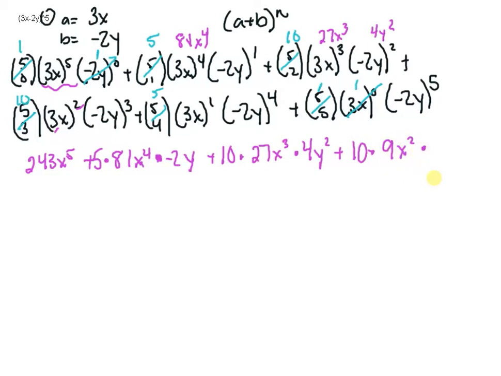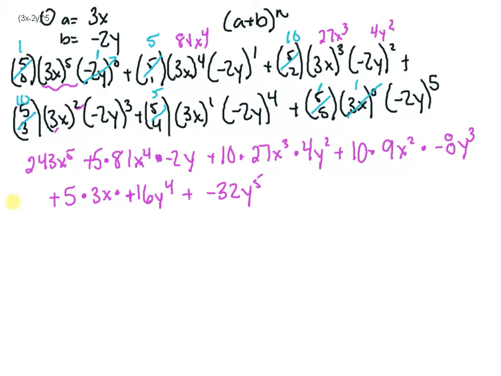And negative 2 to the exponent 3, I get negative 8y cubed. And then plus 5 times 3x times negative 2 to the 4 is 16, y to the 4. Plus 1 times 1 times, what's negative 2 to the 5? Oh, sorry, this was positive. I get negative 32y to the 5.